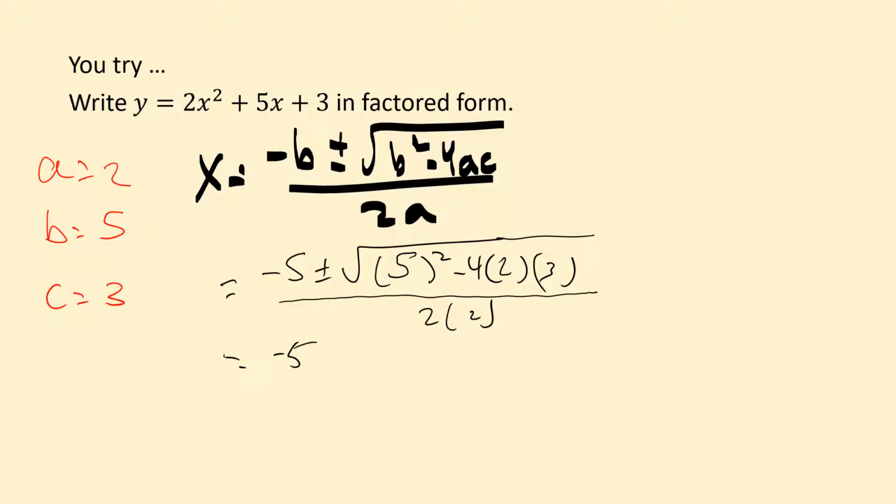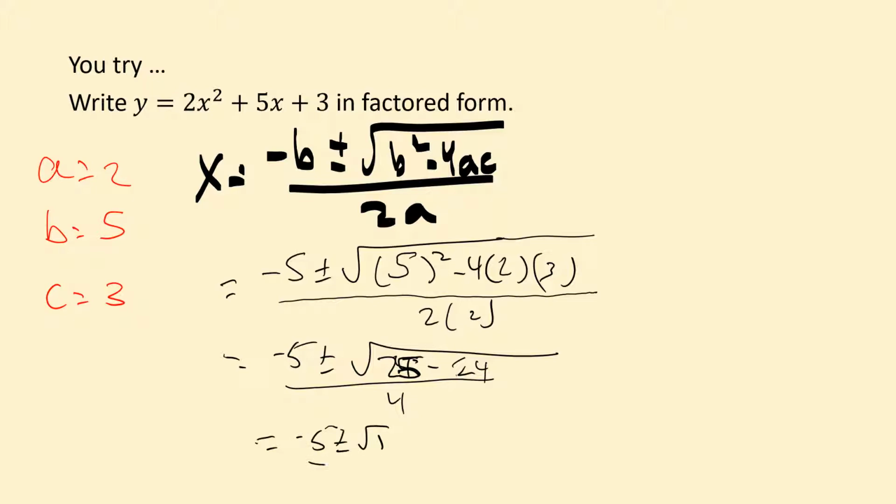So I get negative 5 plus or minus the square root of, no, that's 25, my bad. That's 5 squared, 25 minus 24, all over 4. So I get negative 5 plus or minus the square root of 1, all over 4, which would be negative 5 plus or minus 1 all over 4.